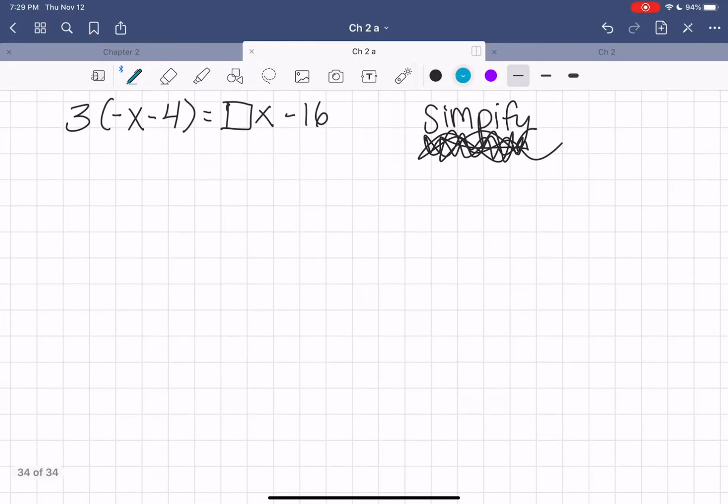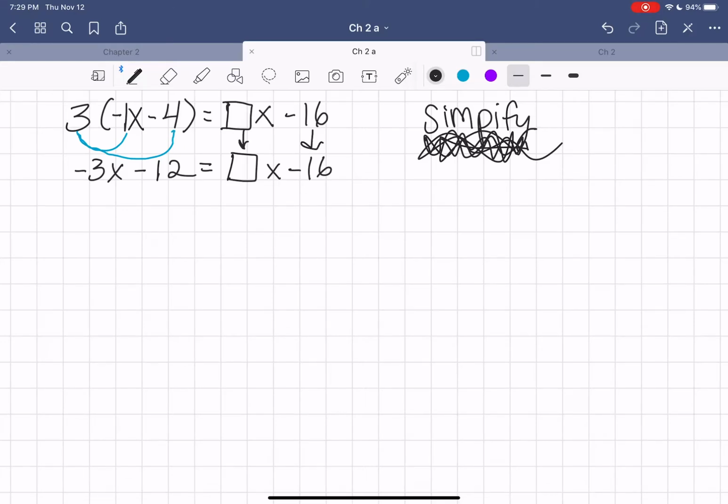That's why we made such a big deal out of it before. What I need to do is distribute. So I'm going to start drawing these arcs one by one. So 3 times negative x would give me negative 3x, because that's like a negative 1x. And then I also get 3 times negative 4, which is negative 12, equals box x minus 16.